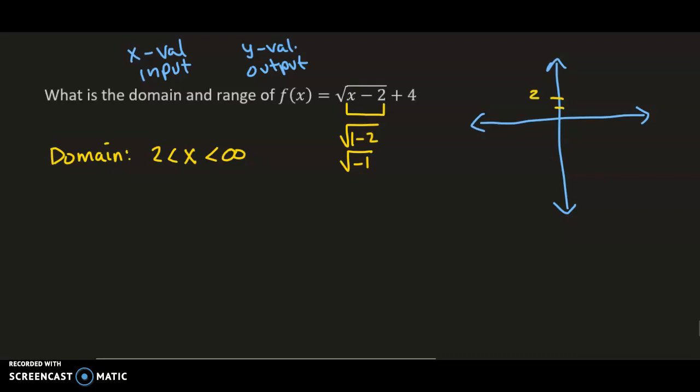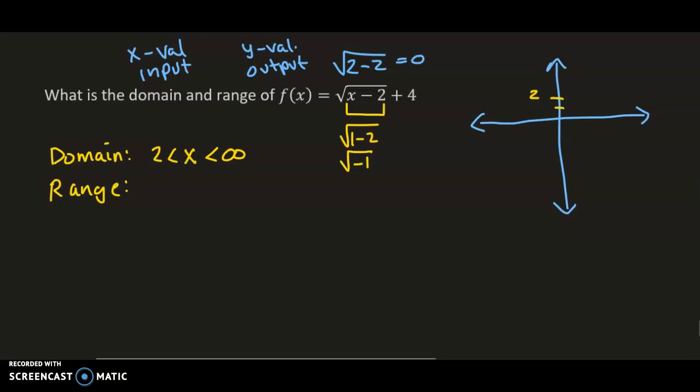Now, the range, what about the range? Well, what's the smallest thing that this can be under the radical? That's when x is equal to 2. You get 2 minus 2, that's 0. Right? So 0 plus 4. Now, is it going to get any smaller than 0?